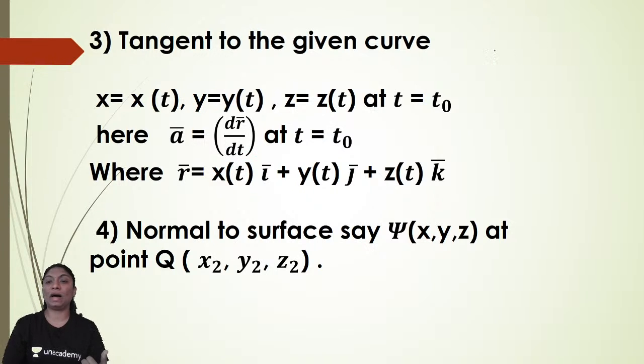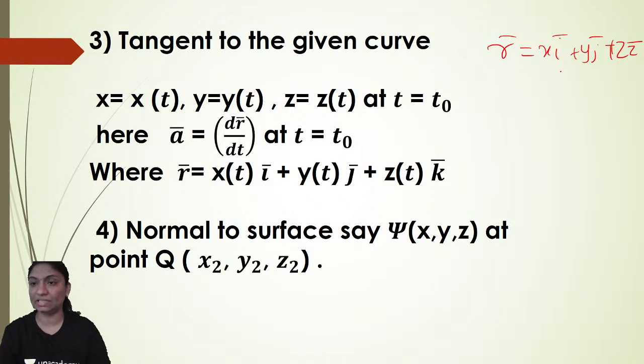Okay, see r bar is our position vector, that is x i bar plus y j bar plus z k bar. We have seen already in the last lecture that r bar is equal to x i bar plus y j bar plus z k bar.